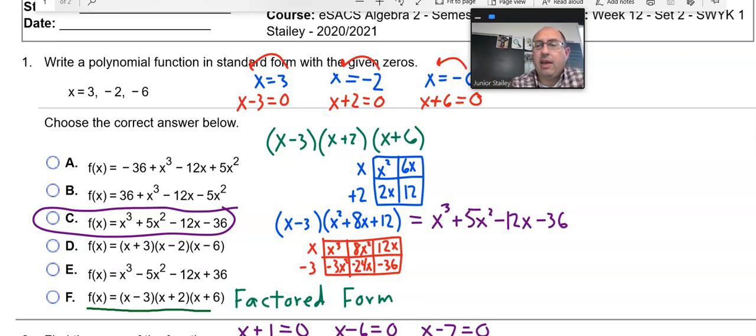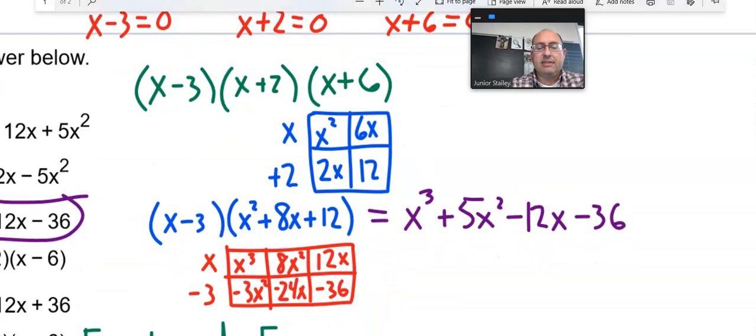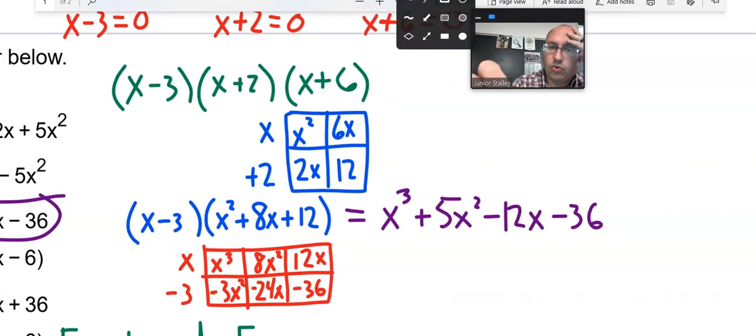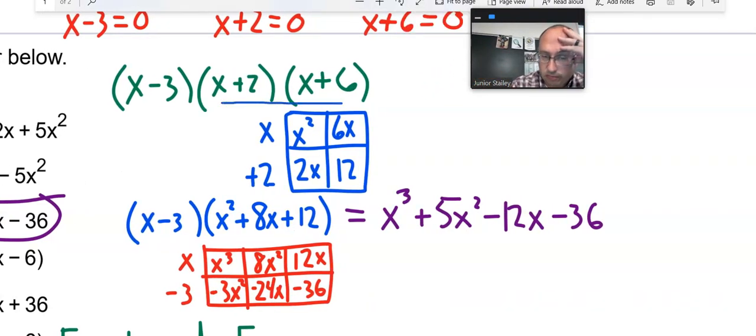Now, I am a big fan of boxes. You may not be, and it's completely okay. It's up to you what you want to do. When you're multiplying these 3 things together, maybe you decide that you want to start with these 2.